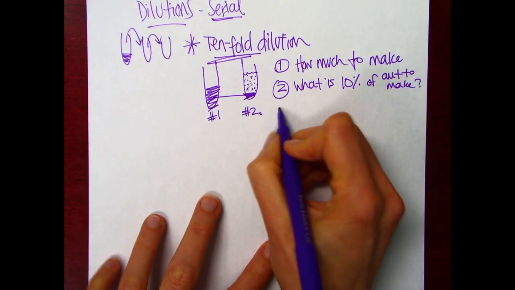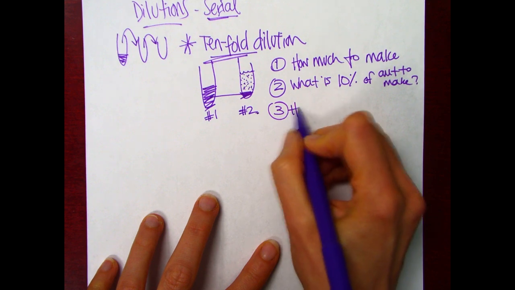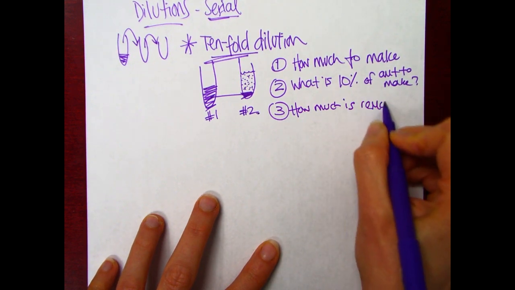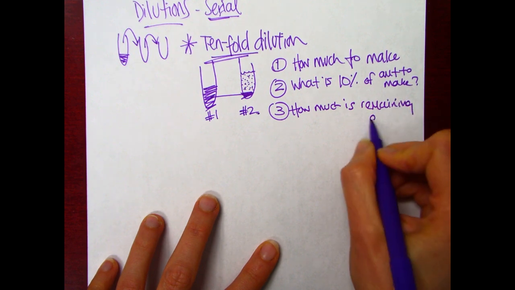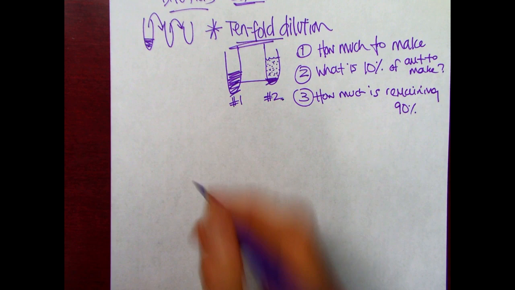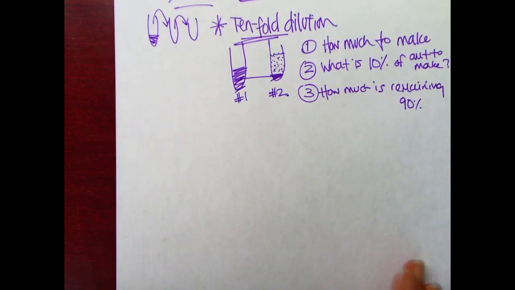Then number 3 is how much is the remaining 90%.